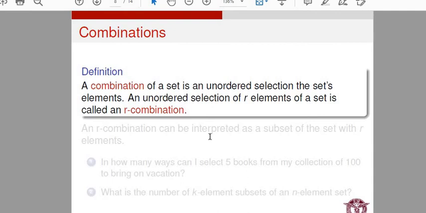Combinations. A combination of a set is an unordered selection of set elements, right? An unordered selection of r elements of a set is called an r-combination.